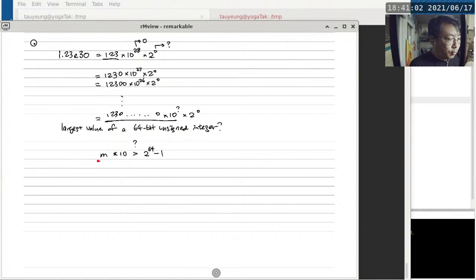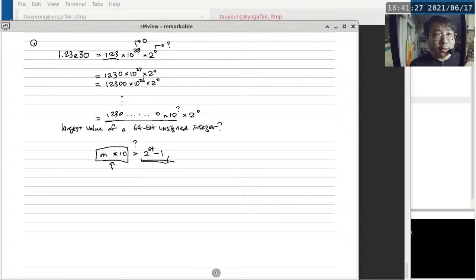But we cannot do this comparison. It makes no sense, because if we multiply m by 10 and it does exceed that range, the expression is not capable of representing that value, because this is the largest value it can represent. So it doesn't make sense to compare it this way.